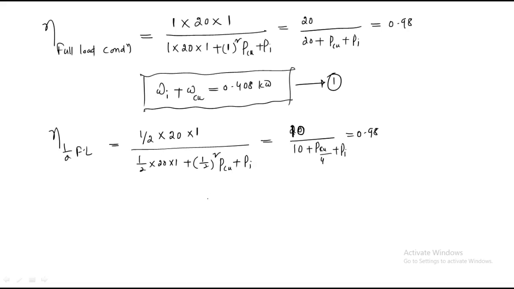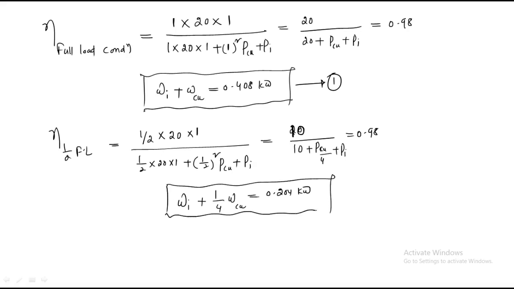So from this, the data should be PI plus 1 by 4 PCU, which is equal to 0.204 kilowatts.